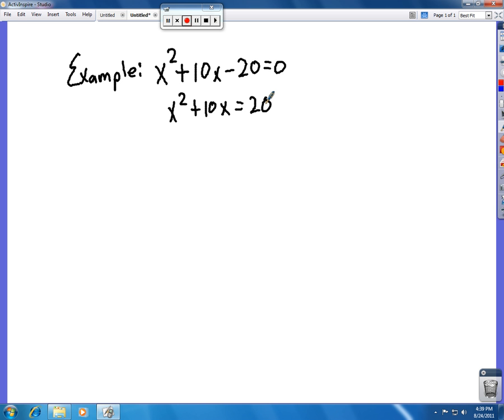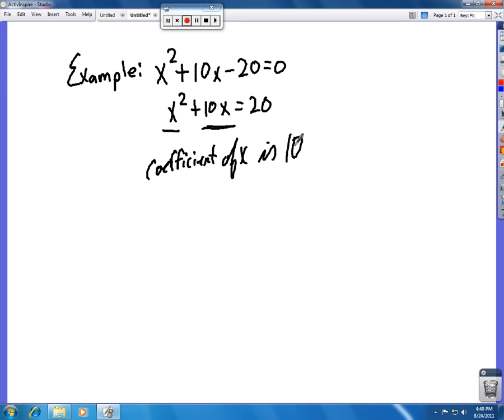And what we want to do next, step 3, says we're going to square half the coefficient of x. So not x squared, which is here, but the coefficient of x. That coefficient of x in this case is 10.